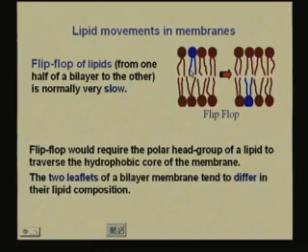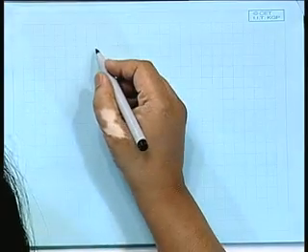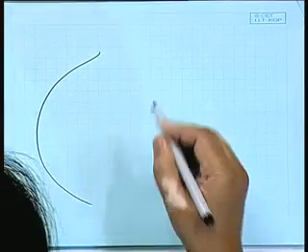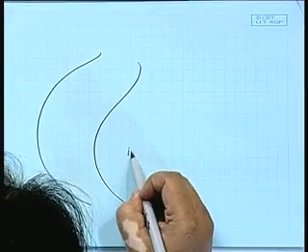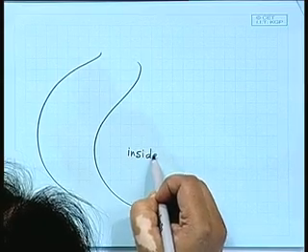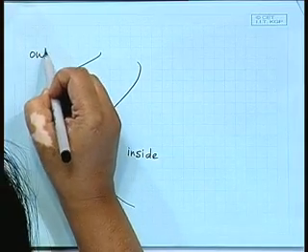Now, if we consider the lipid bilayer and consider how it actually forms the cell, okay, if we could just draw that here, considering a cell. So, if we have part of the cell wall, this is inside and this is outside.